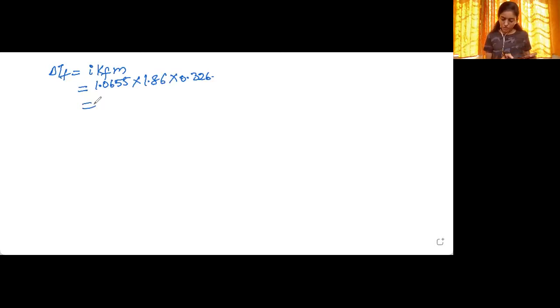1.0655 multiplied by 1.86 multiplied by 0.326. It is coming out to be equal to 0.646 degrees. So degree here, you can take it in Kelvin, you can take it in degree C, because it is the difference in temperature.